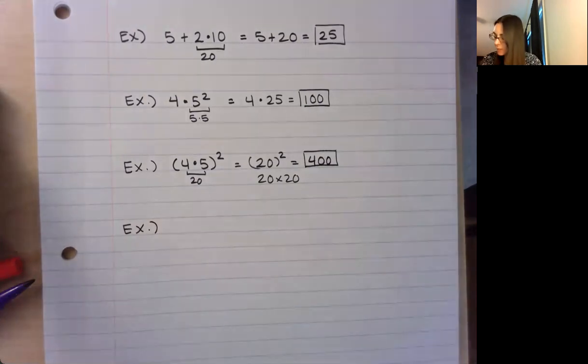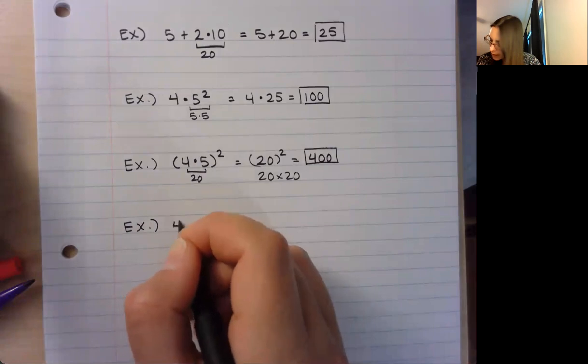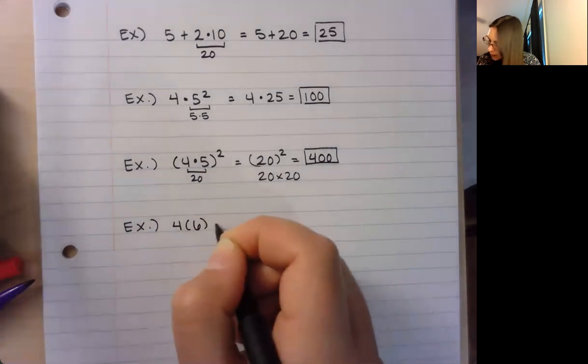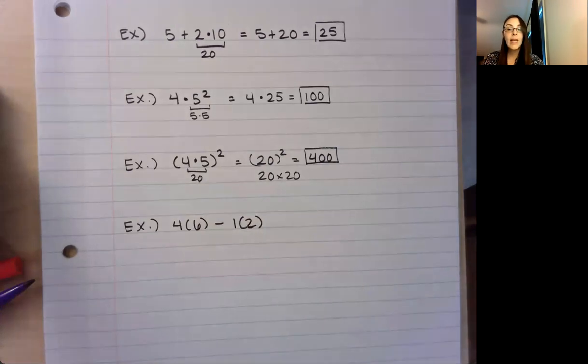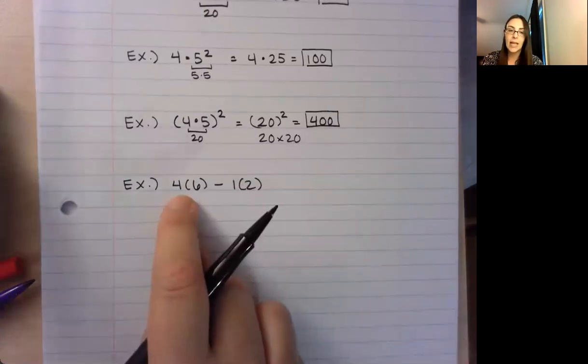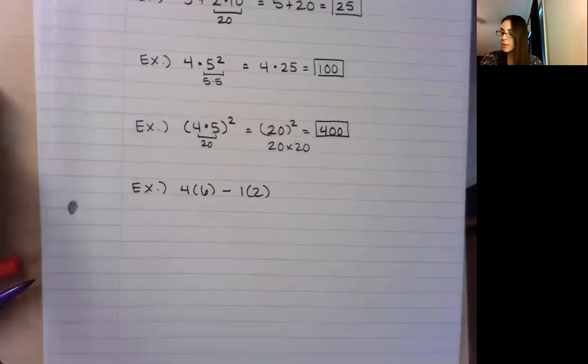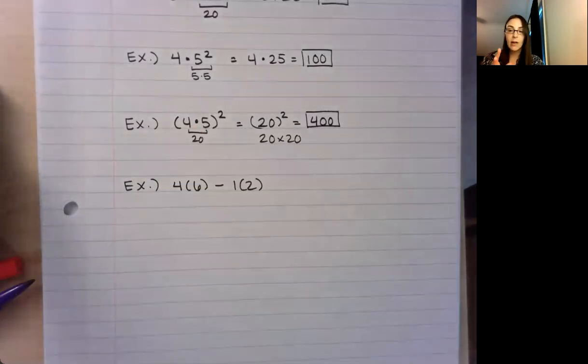All right, let's do another example. Maybe I have something like 4 times 6 minus 1 times 2. Now, I do see parentheses here, but they're not grouping symbols because my parentheses here represent multiplication. True grouping symbols have something you can do inside them. So you want to be careful.